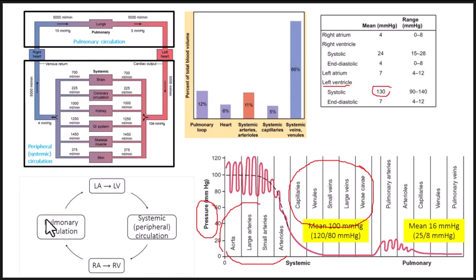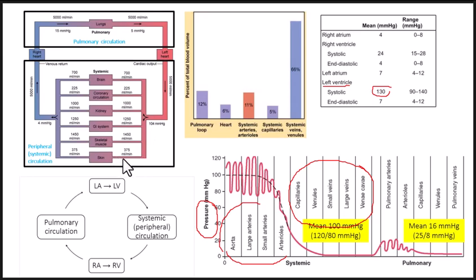These diagrams here are just reminding you of the normal flow of blood throughout the pulmonary and systemic circulation. But this top diagram is showing you a bit more detail as far as the tissues within our body that receive the most amount of blood. So when the left heart pumps out about 5,000 milliliters per minute, or we could say 5 liters per minute of blood, you can see it is distributed to many different organ systems.